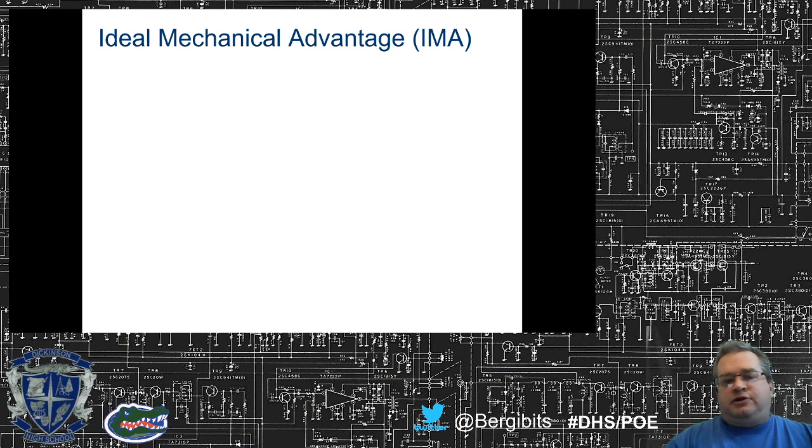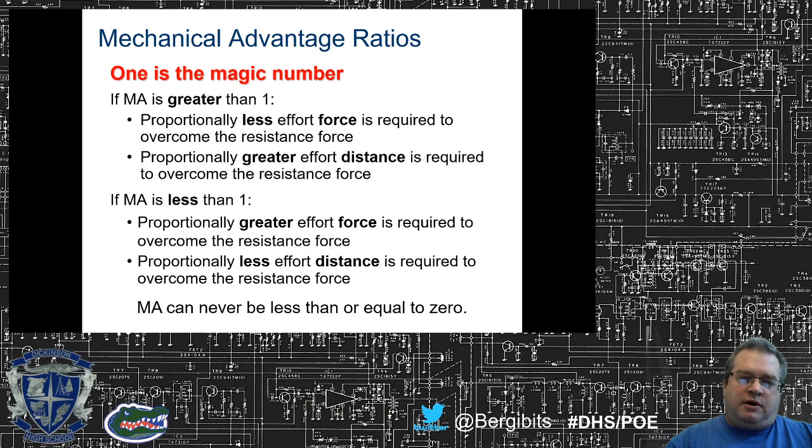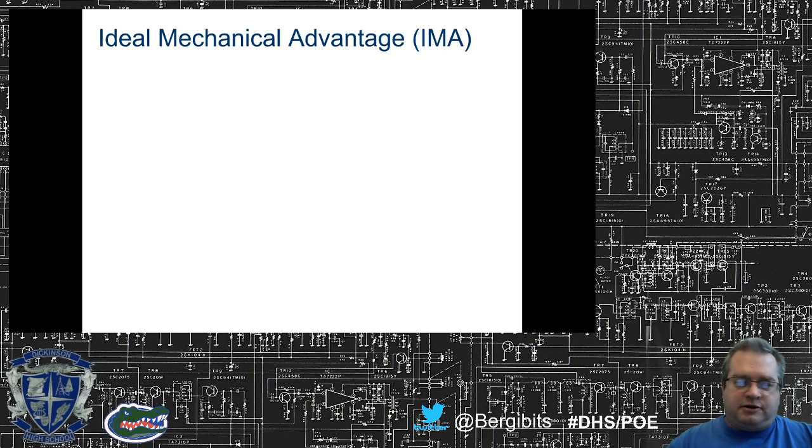Alright, there's 2 types of mechanical advantage. The first type deals with distance. You saw with the previous slide, as we go up, we have greater distance. As we go down, we have less distance.